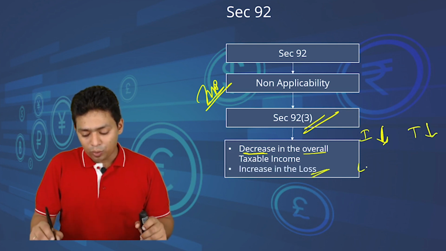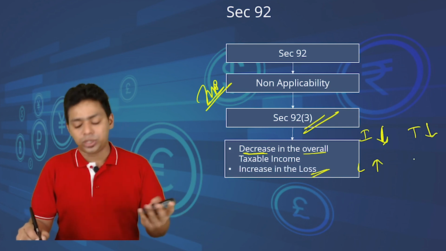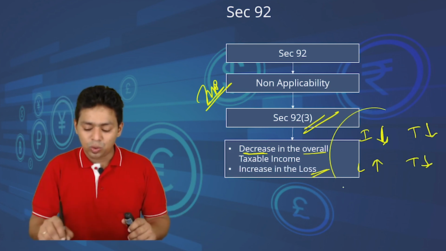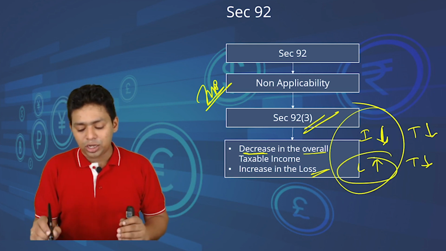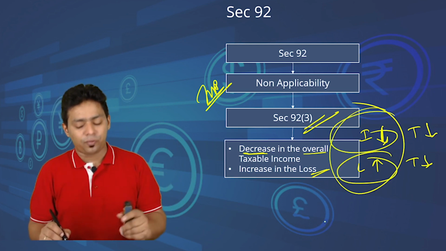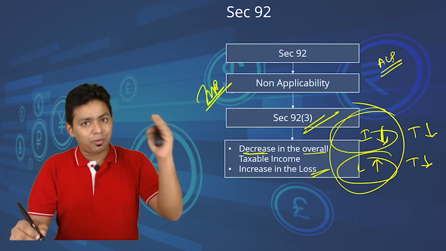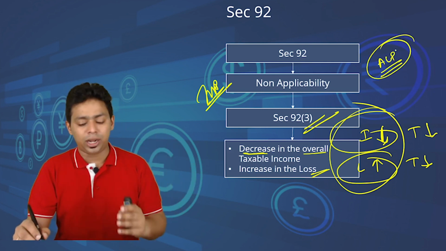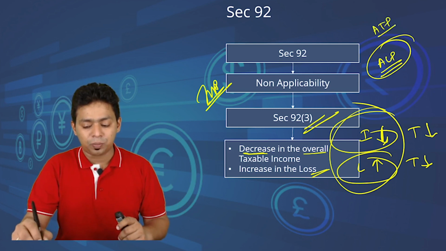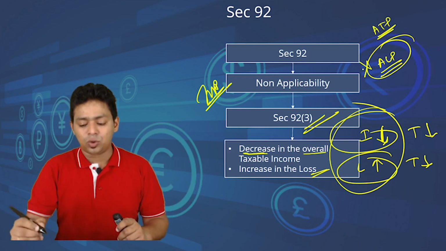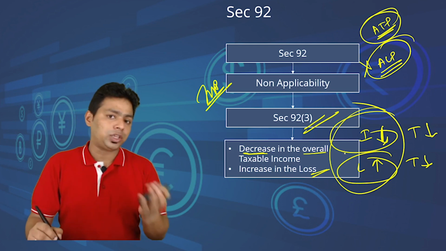And increase in loss, obviously increase in loss, in future will decrease my tax amount. So decrease of income and increase of loss. If this is happening due to the ALP methods that we have adopted, arm's length price we have adopted, and we are changing the actual transaction price, obviously we will ignore the ALP and we will consider the actual transaction price.